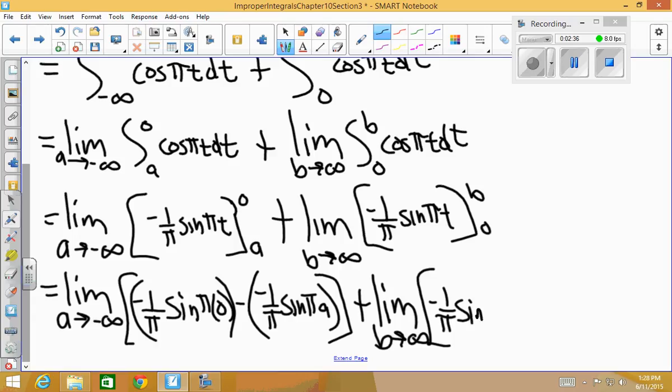Here the b is the upper limit of integration, so sine of pi times b minus negative 1 over pi sine of pi times 0.